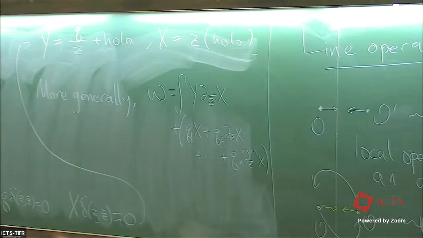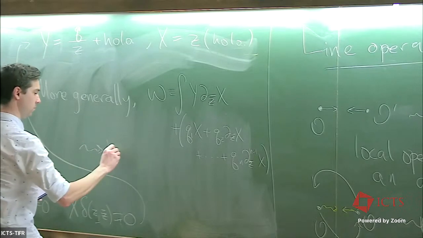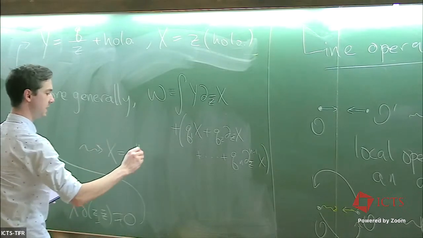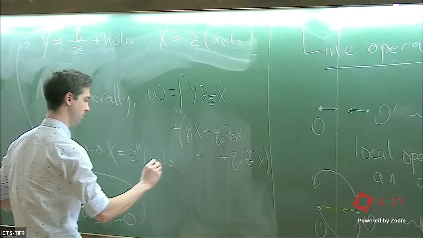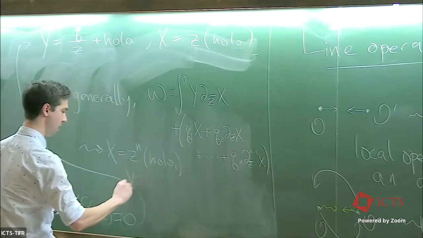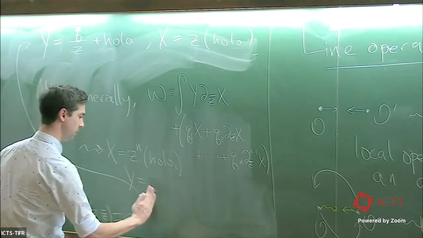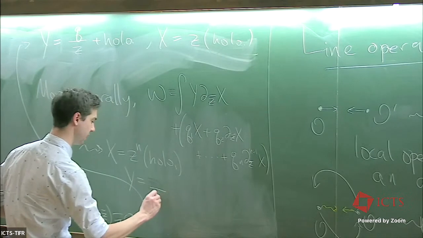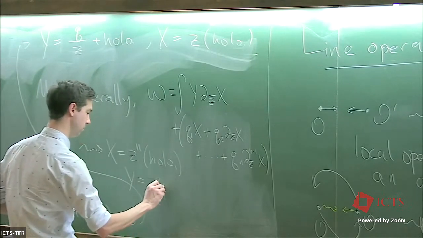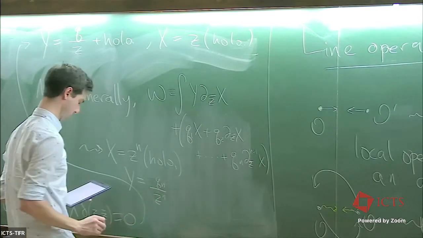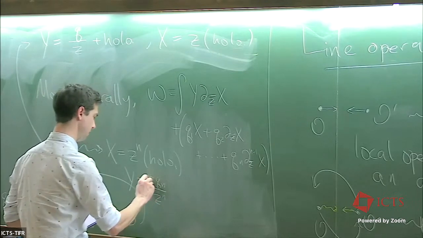And what this will do is it'll force x to be z to the n times something that's holomorphic. And y will have a simple pole, an n order pole. There's a number here that I'm going to be lazy about.